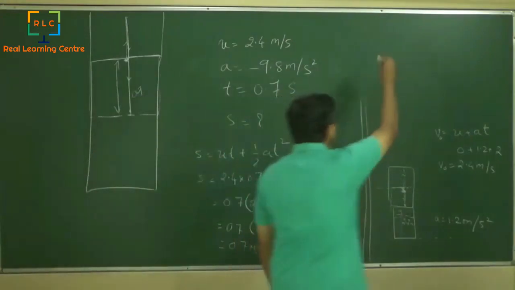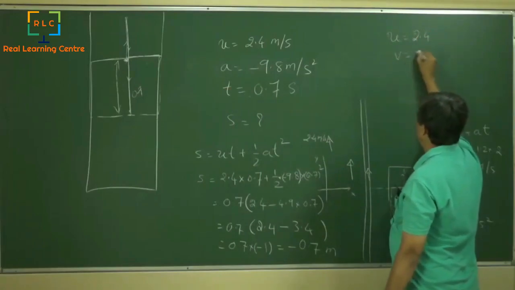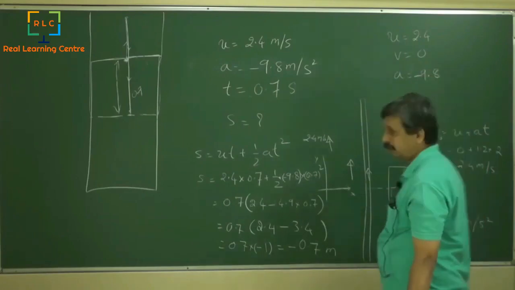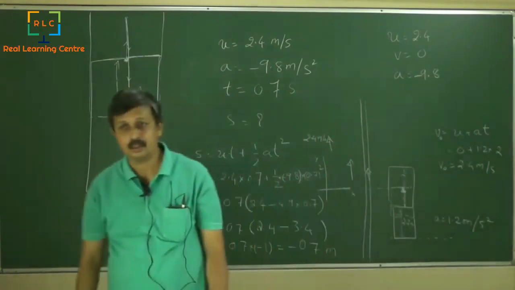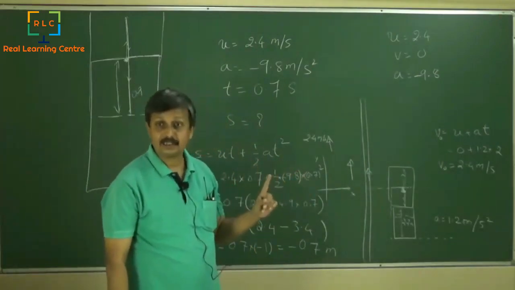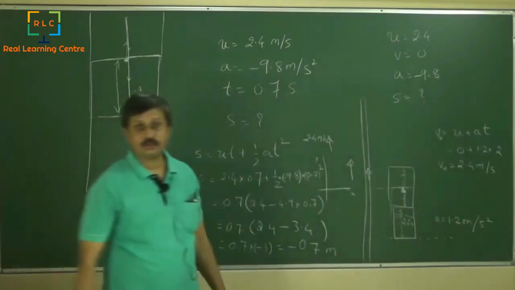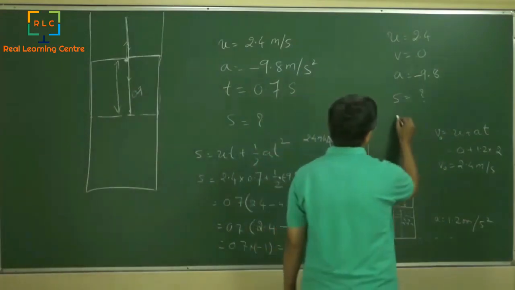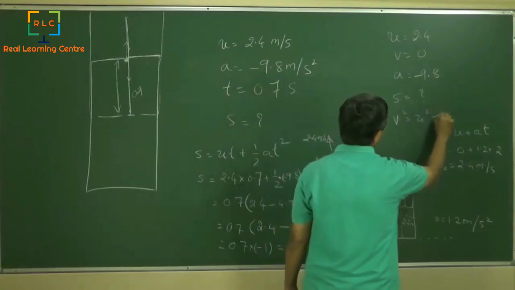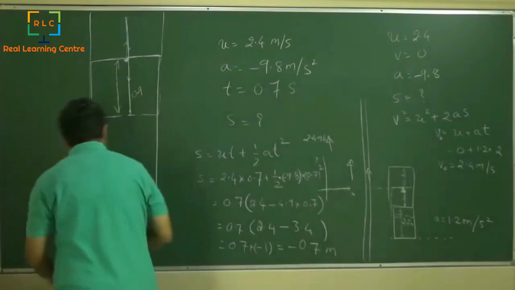So you have u how much? v0. A how much? Yes, we don't have it. We don't know how much, so we just have to find it out. So what formula are you going to use? That formula.